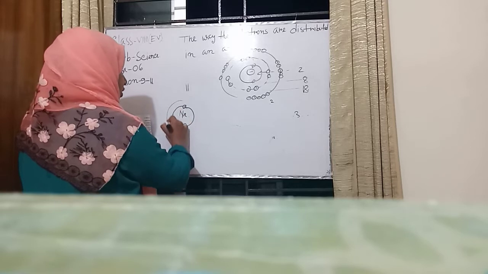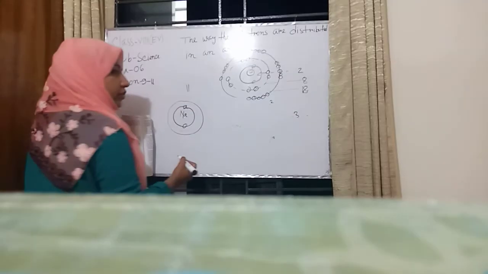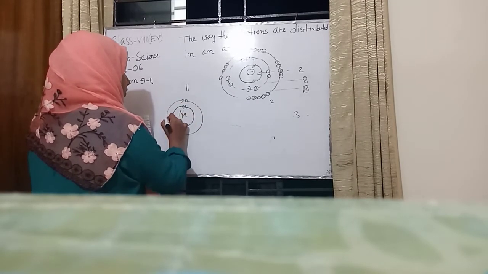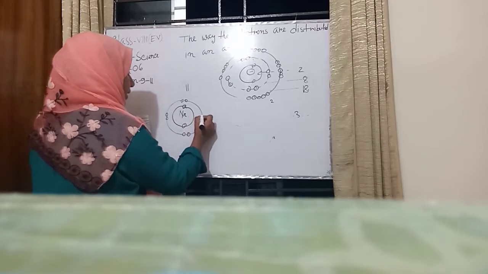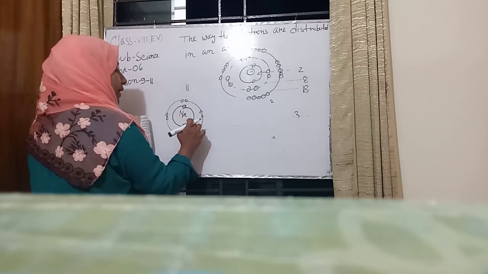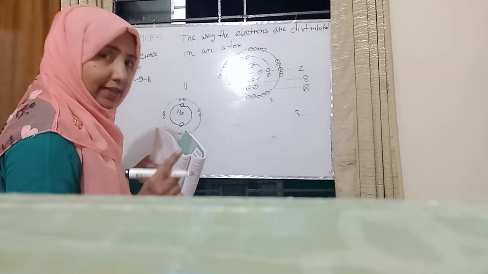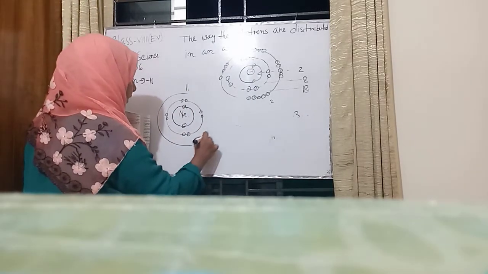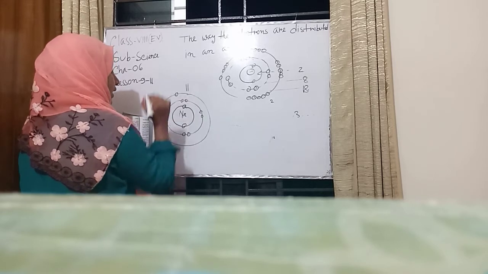The second orbit is filled up with 8 electrons: 1, 2, 3, 4, 5, 6, 7, 8. 2 and 8 make 10, but I have another electron, so when I draw the third orbit, it is filled up with only 1 electron.